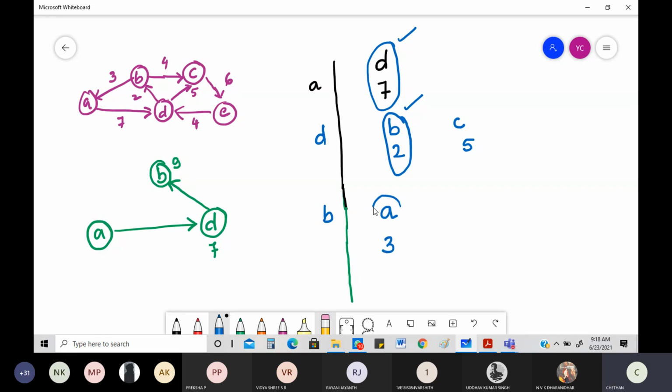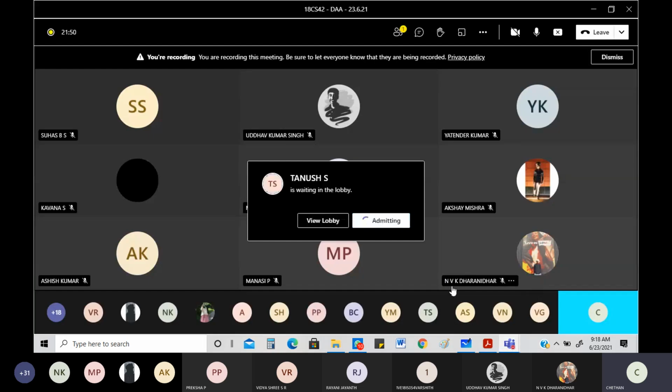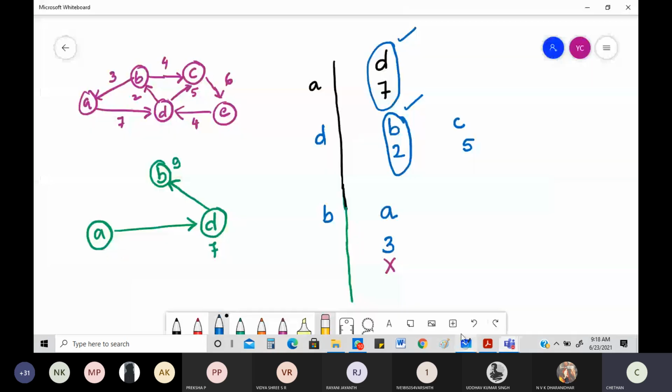Okay. Next thing is I am going and checking for the other aspect of it. From B, what is the other thing I have? The other thing I have is with regard to C. So I'm going to write that also. And what is the cost of it? 4. See, I'm not directly choosing C. I need to check whether D to C is better, whether B to C is better, like that. From B to C, what is the cost I get? 4. So which is my right thing for me?